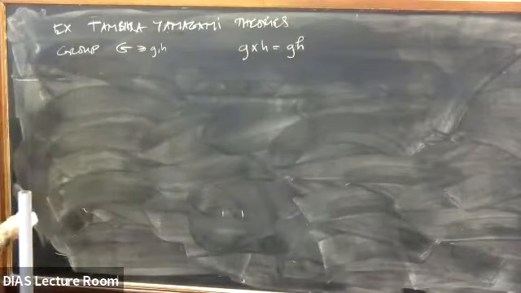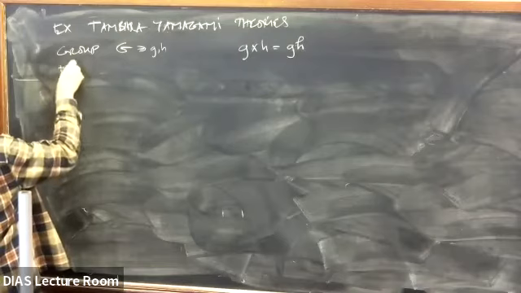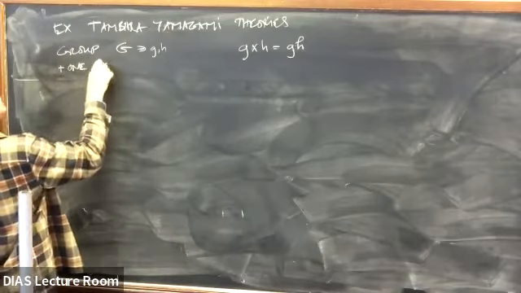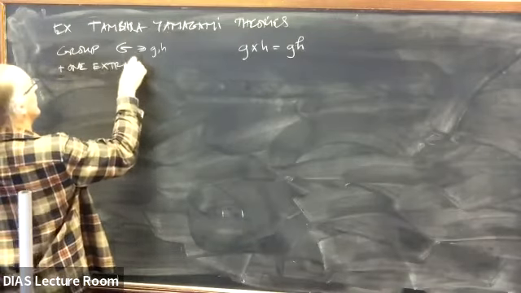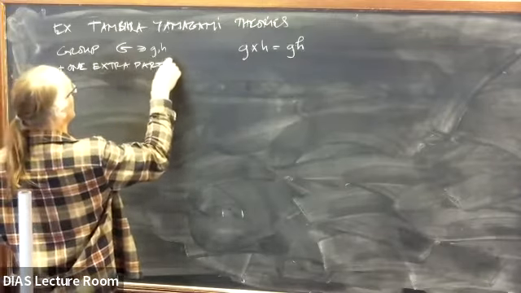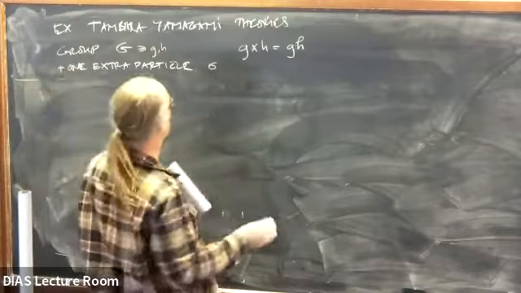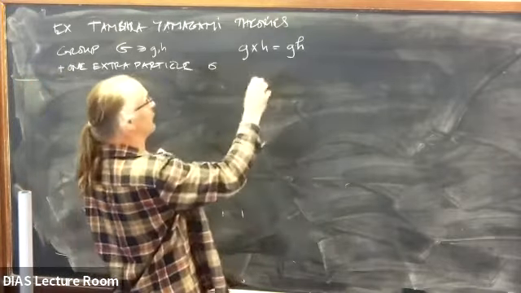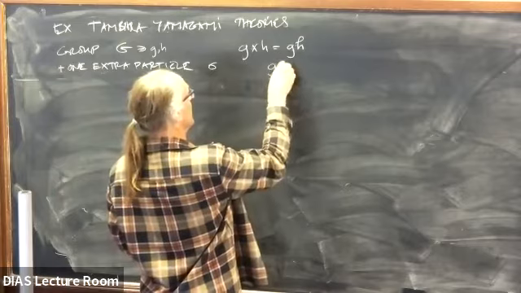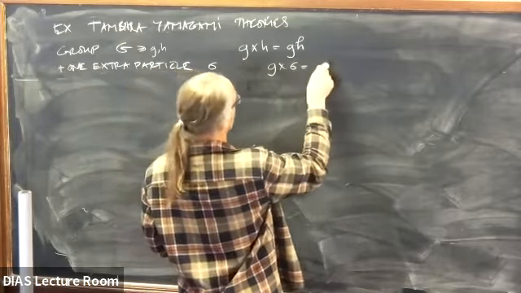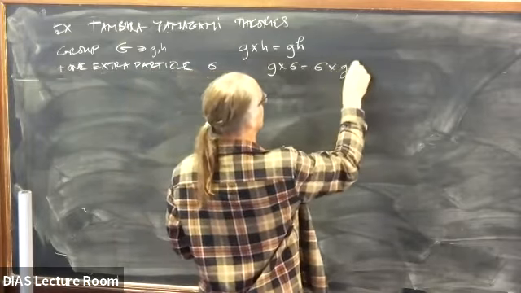But in addition to this, there is one extra particle, which you might call sigma. This is not from the group, and we get g times sigma is the same as sigma times g, which is sigma.